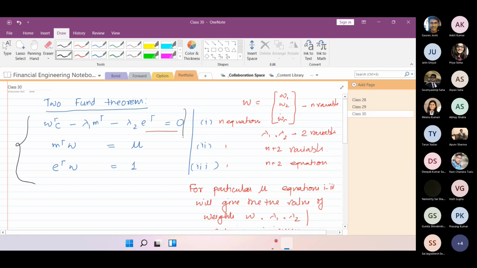Because if all the equations are satisfied for a particular mu, the values of W, lambda 1 and lambda 2 would correspond to a minimum risk. So if W3 is able to satisfy all these three equations which I have stated, will I not have a minimum risk corresponding to mu3?